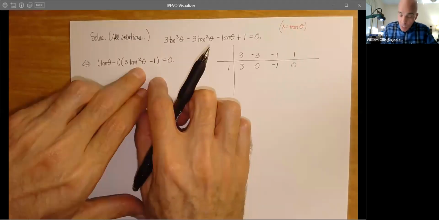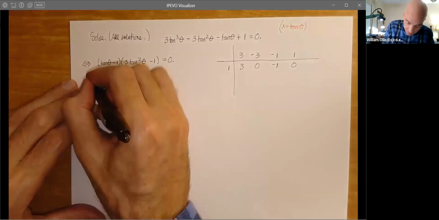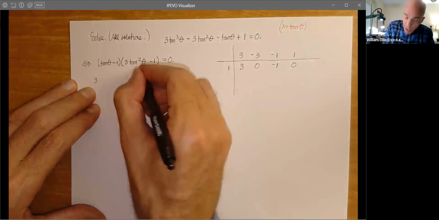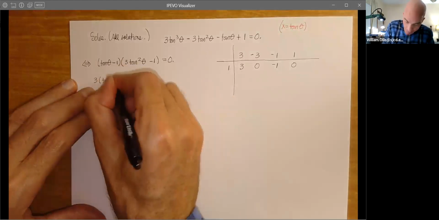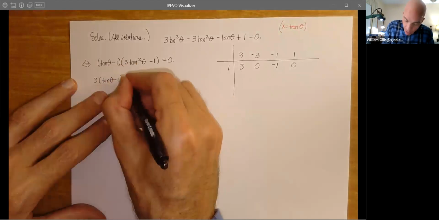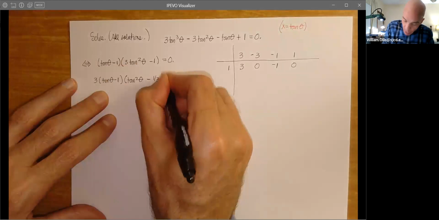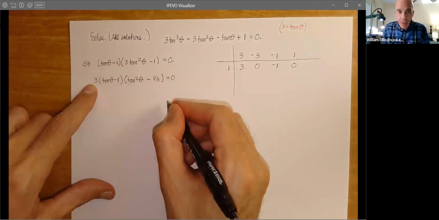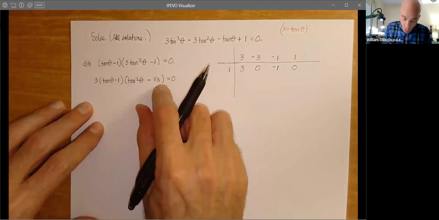So now this is good. But when we look at this, we have to factor this. So let's go ahead and divide by 3. So right now, just factor the 3. So we get tangent squared theta minus 1/3 equals 0. And then, of course, you can divide by 3, and that's gone. That doesn't matter. So now this is a difference of two squares.